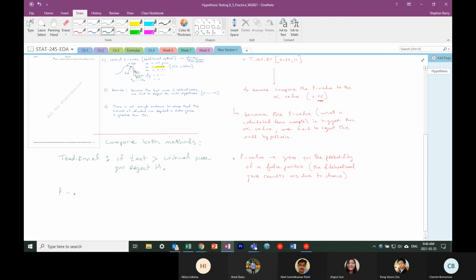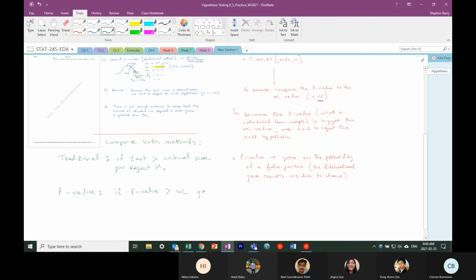With the p-value method, again, the reason it's confusing is because it's the opposite. If the p-value, your test score from the sample data, is greater than the alpha value, which is the same thing as the critical score, that's the analogy there.